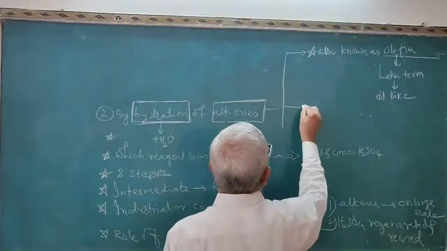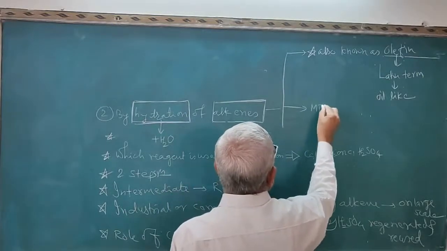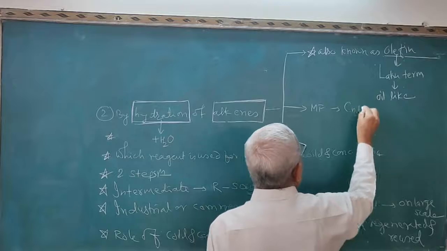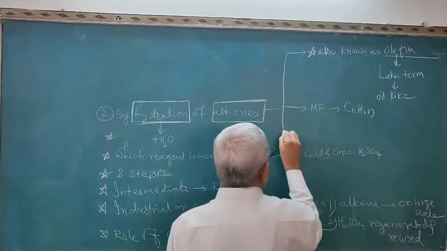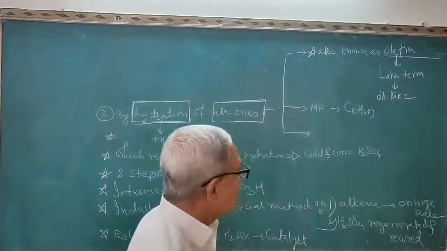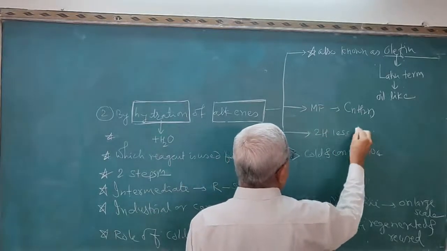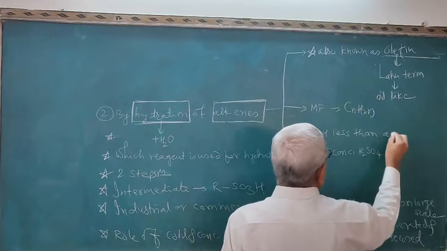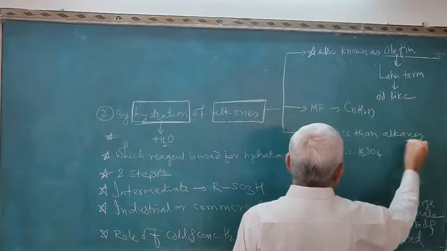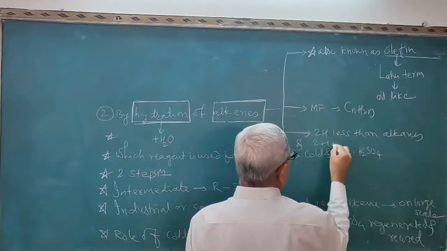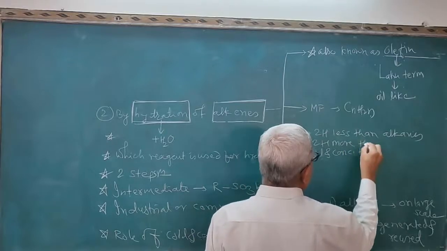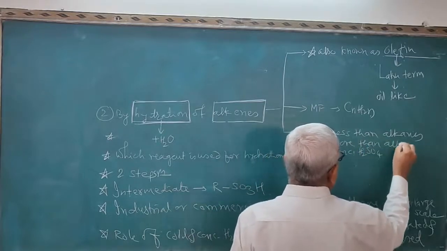Second question, molecular formula. Molecular formula is CnH2n. Next question: alkenes contain two hydrogen atoms less than alkanes and two hydrogen atoms more than alkynes.